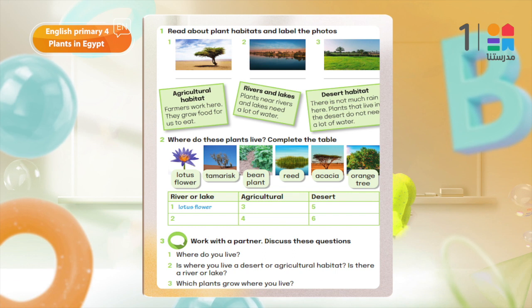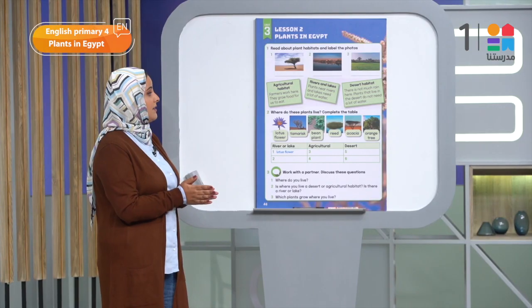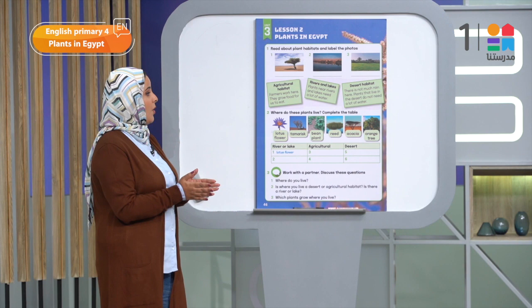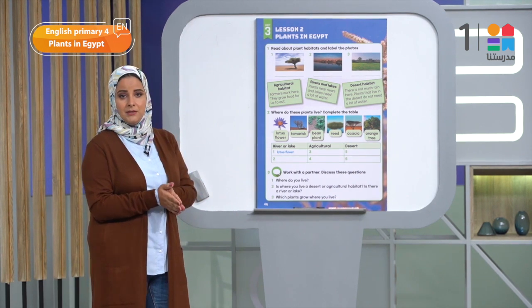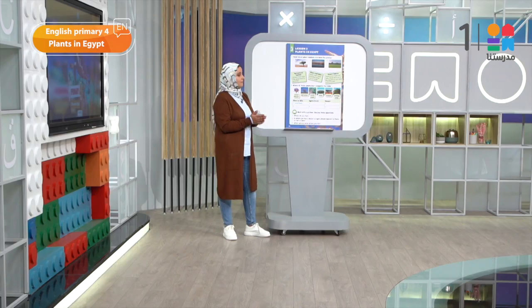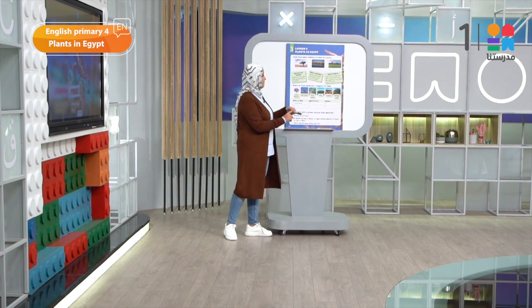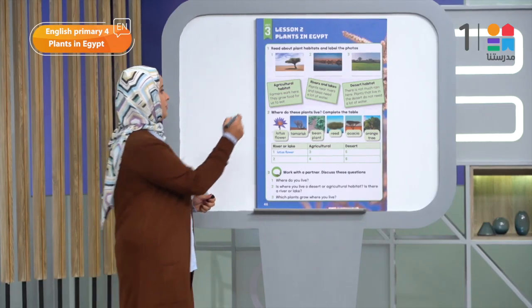Number 1. Is it agricultural habitat? Agricultural habitat is all plants, or rivers and lakes, or desert habitat? So, number 1 is the desert. Very good.